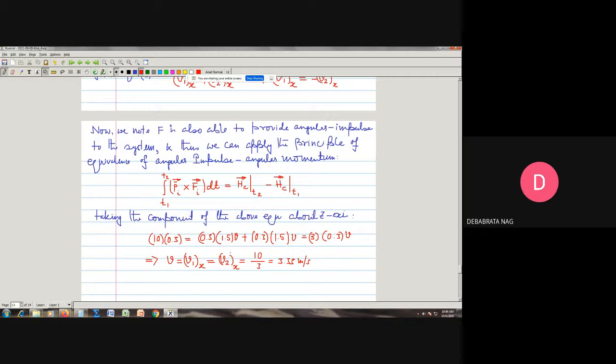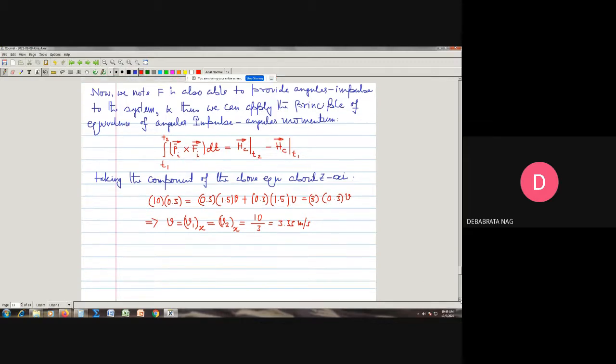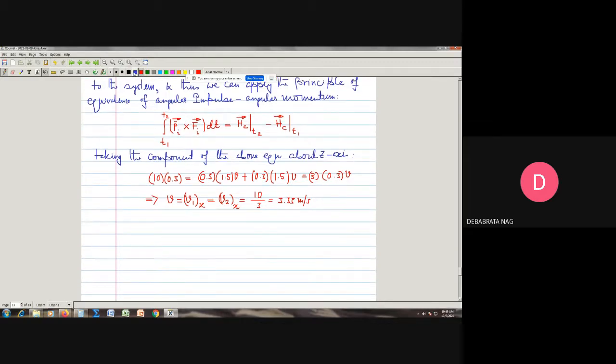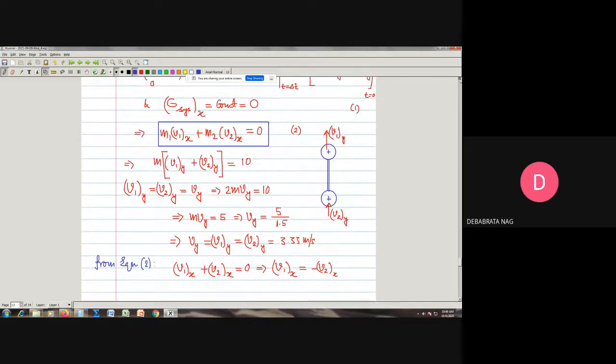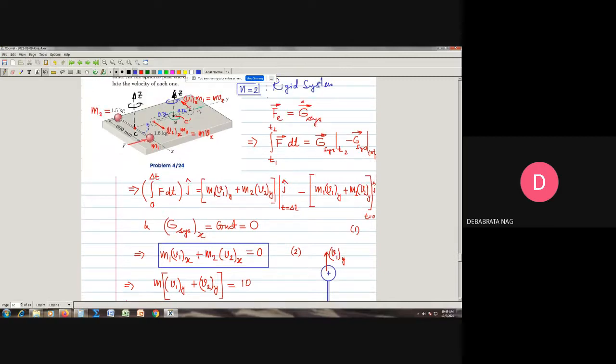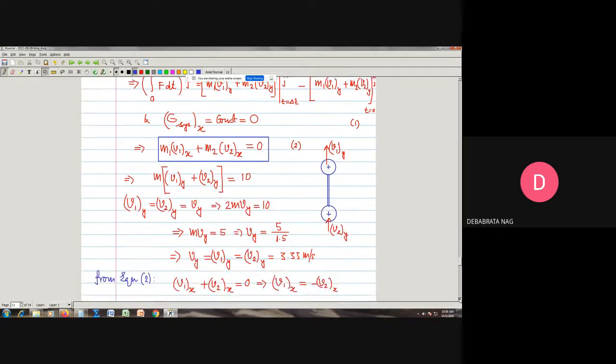So we say that both the spheres, if we write it in this manner, consider this is the sphere 1, the sphere 1 we designated as this sphere. We see that their velocity components are something like this.